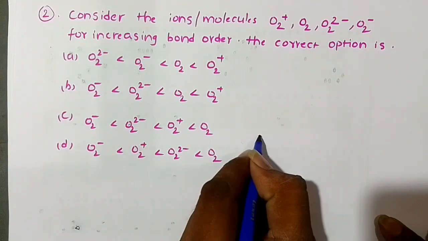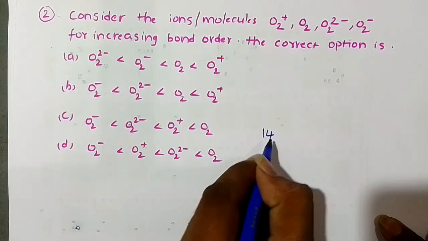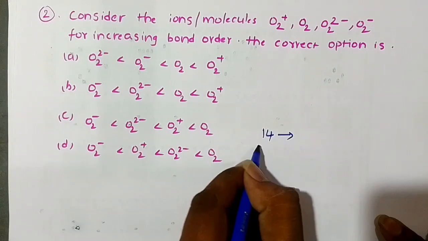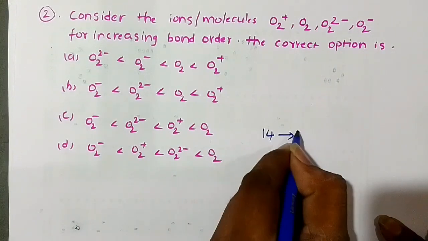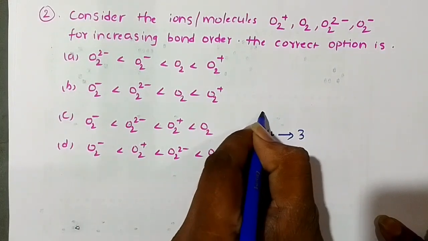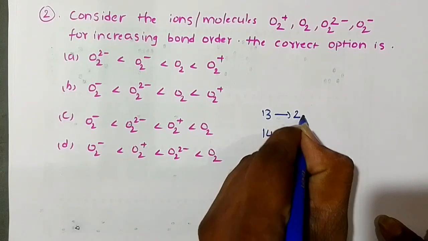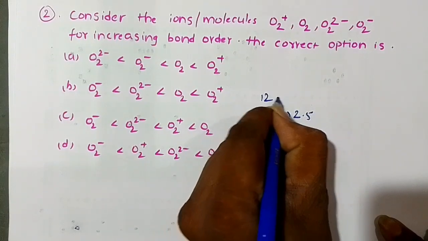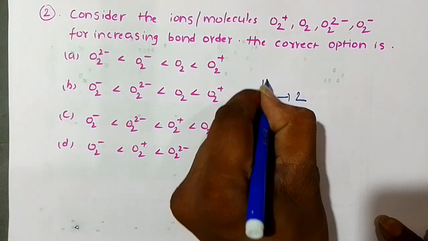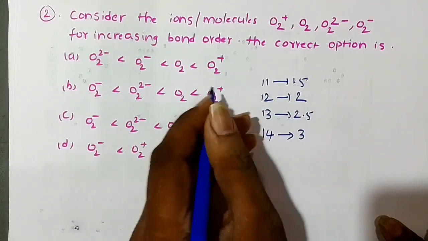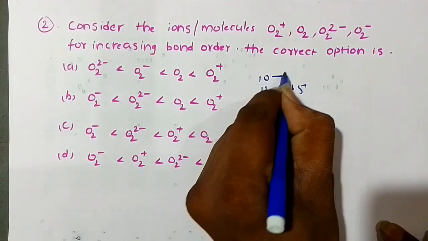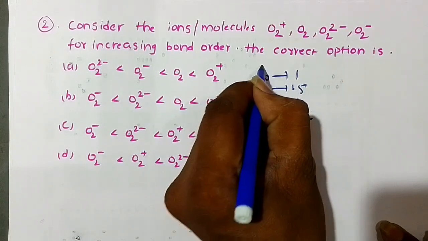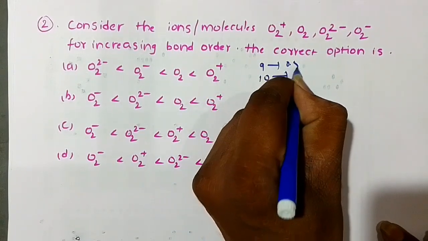One trick is there. If any molecule has 14 electrons, the bond order is 3. 13 electrons, 2.5. 12 electrons, 2. 11 electrons, 1.5. 10 electrons, 1. 9 electrons, 0.5.